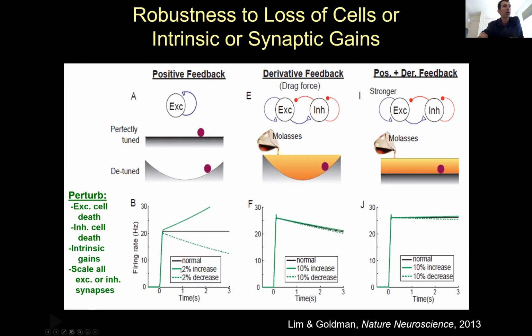So this is showing in green either +2 or -2% changes in the feedback level or in the number of cells. And you see already dramatic loss of the persistent activity. Now in the middle row, look at the derivative feedback network. Imagine killing some fraction of these excitatory cells.